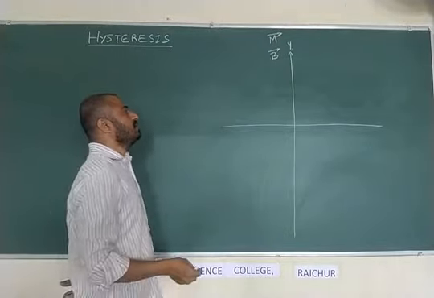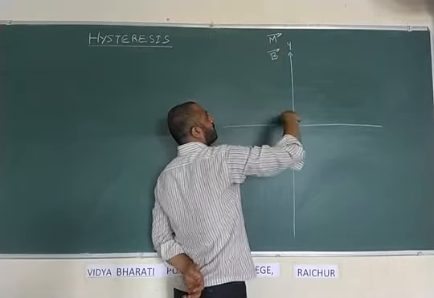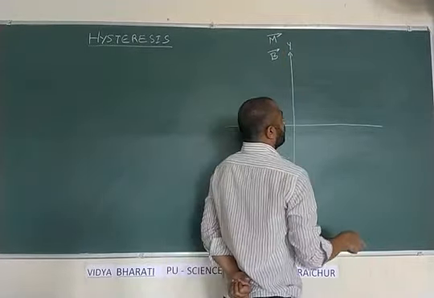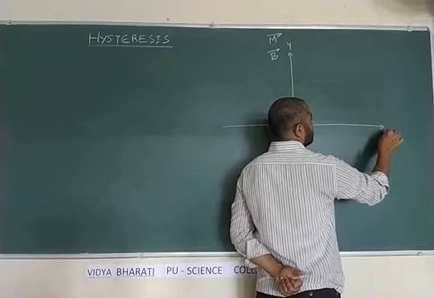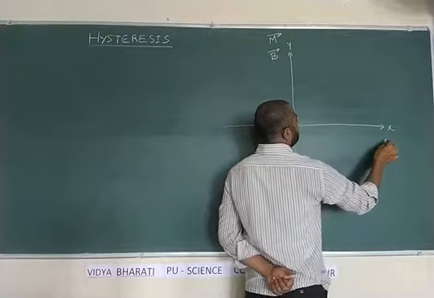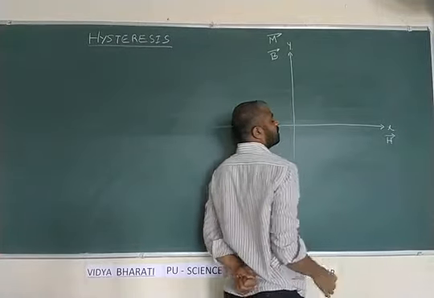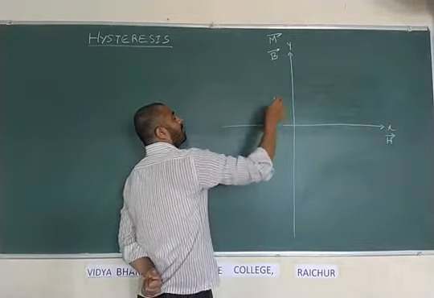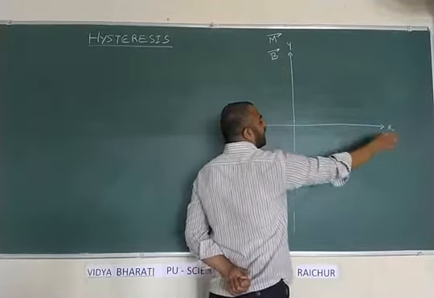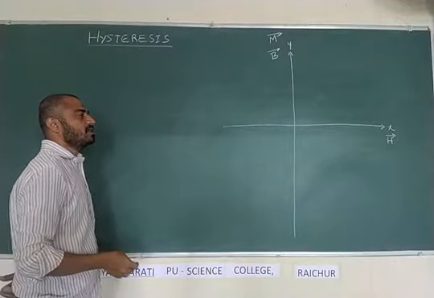On taking magnetic induction or intensity of magnetization along the y-axis and magnetizing field intensity along the x-axis, if a graph is plotted, that graph or curve obtained by plotting B versus H is called a hysteresis graph or hysteresis curve.